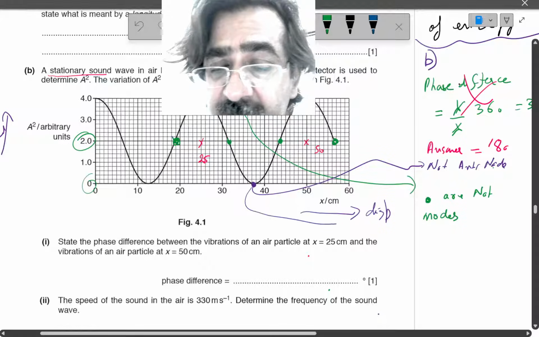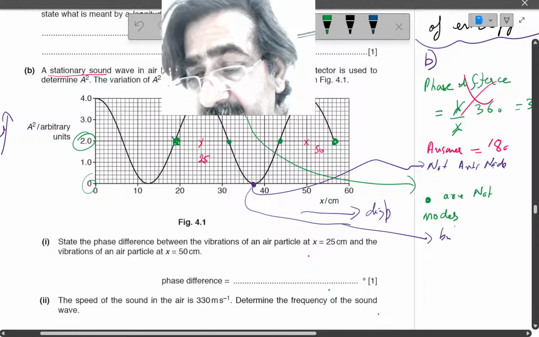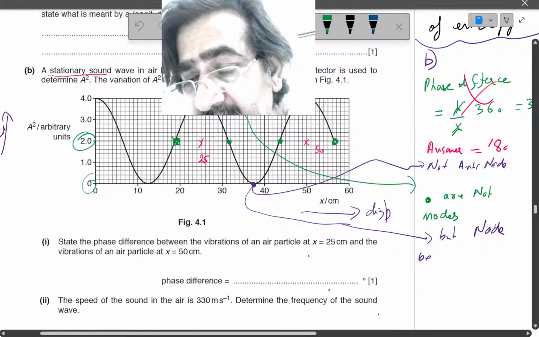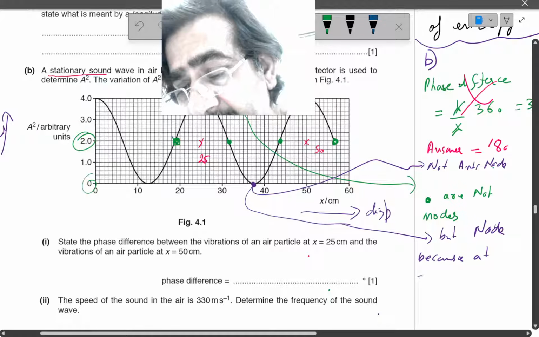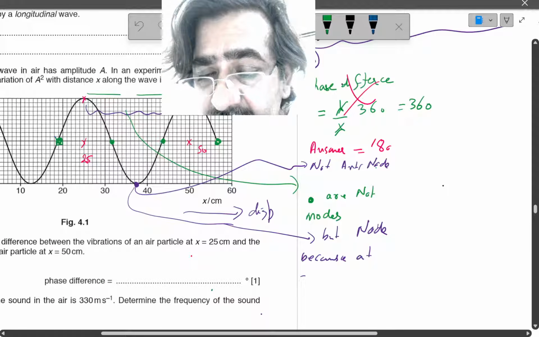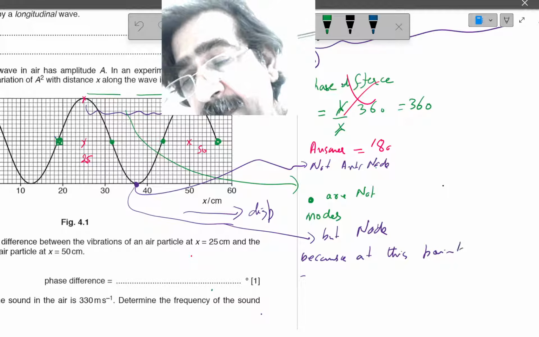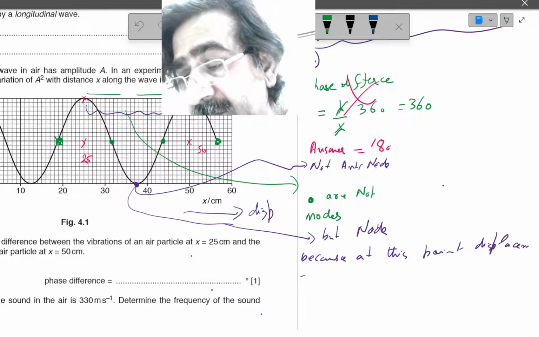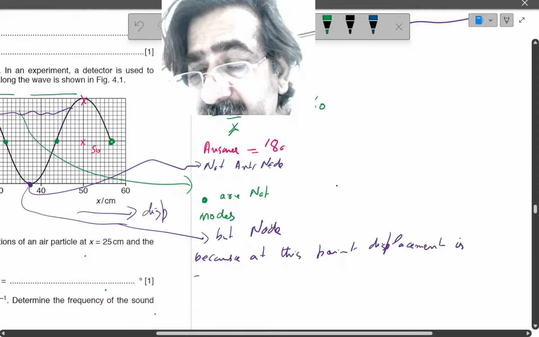This is a node, but node because at this point, because at this point, displacement is zero.